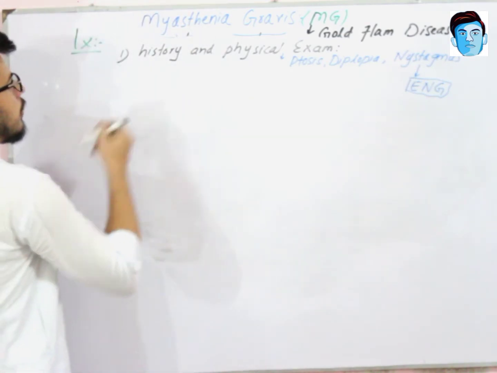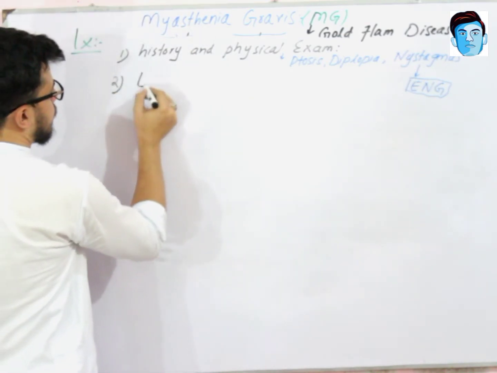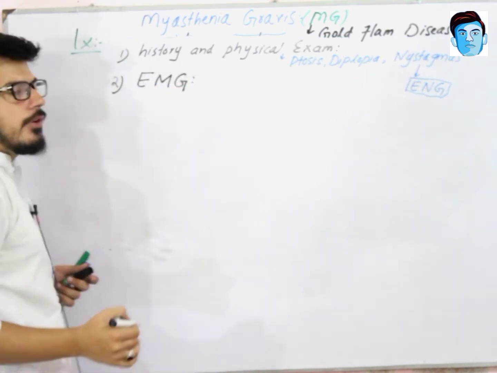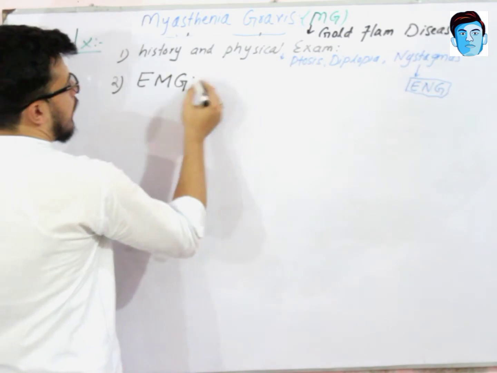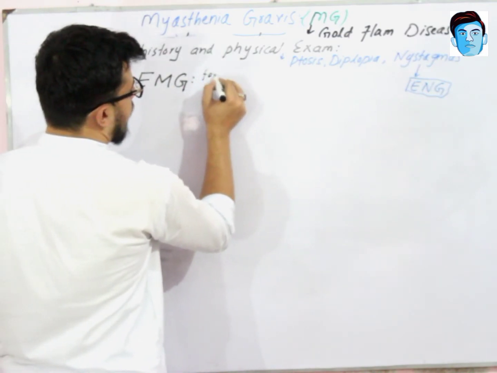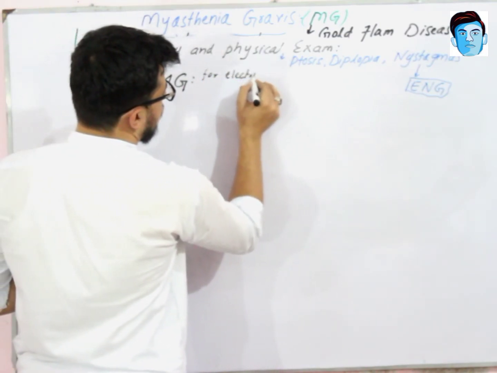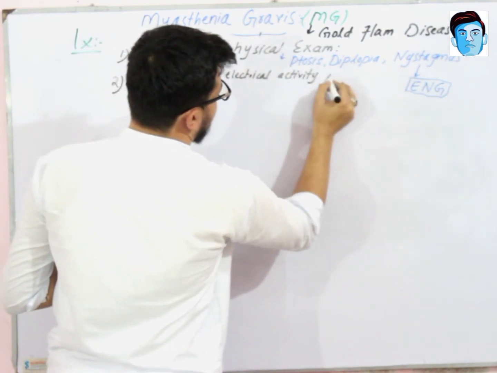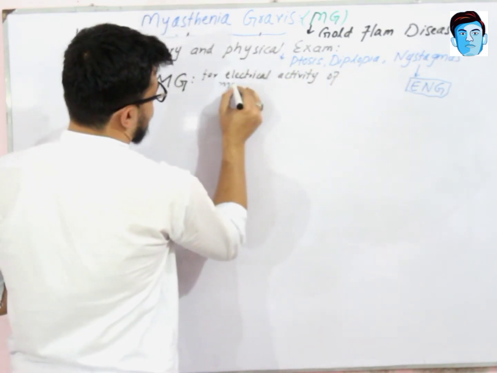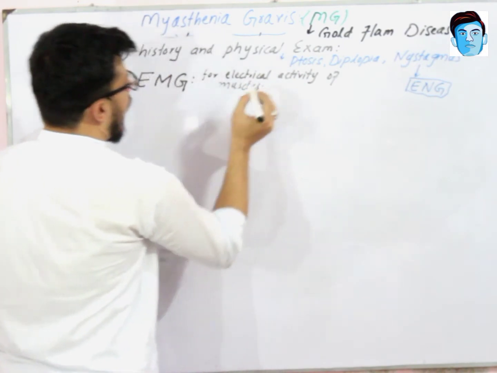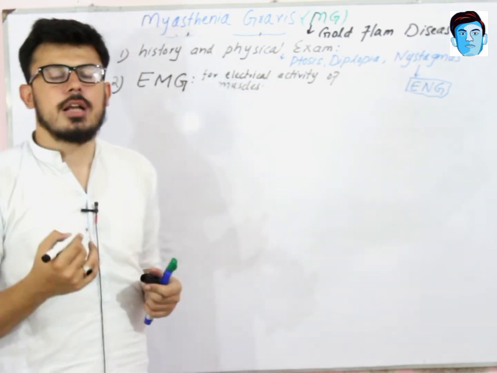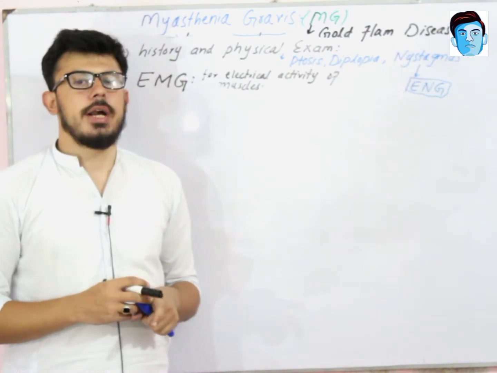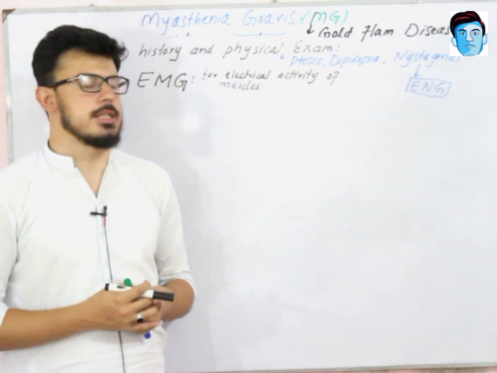Also, we will do electromyography, which is for the electrical activity of the muscles. Electromyography is also done for muscle dystrophies and for peripheral neuropathies.